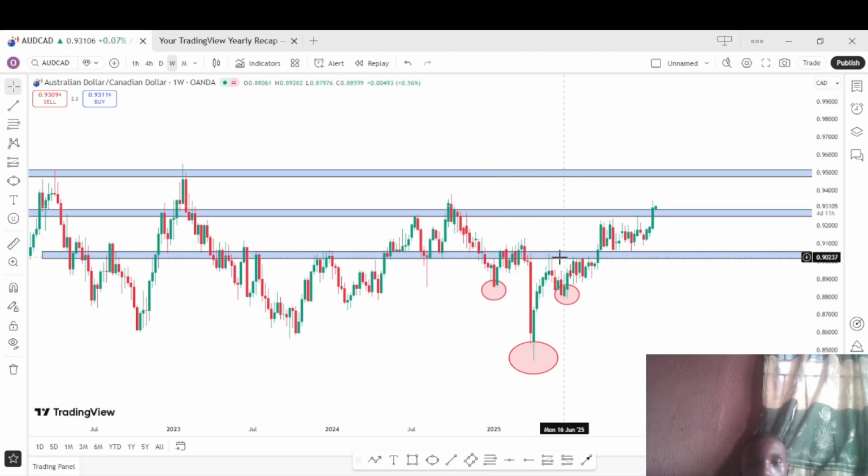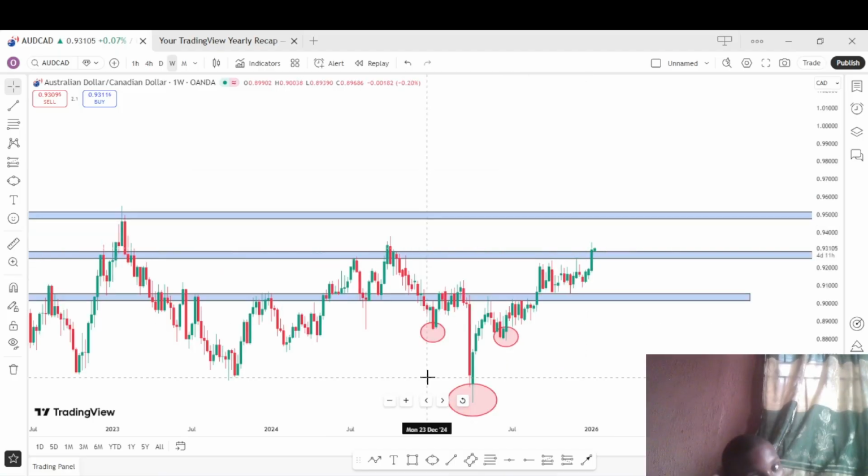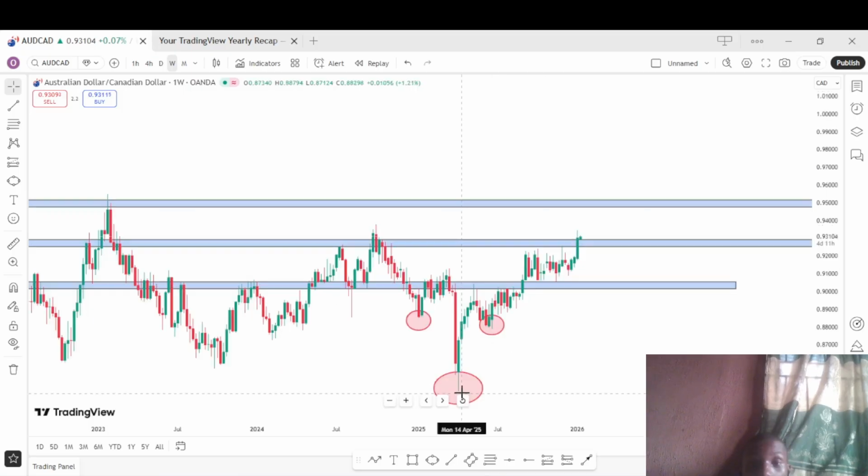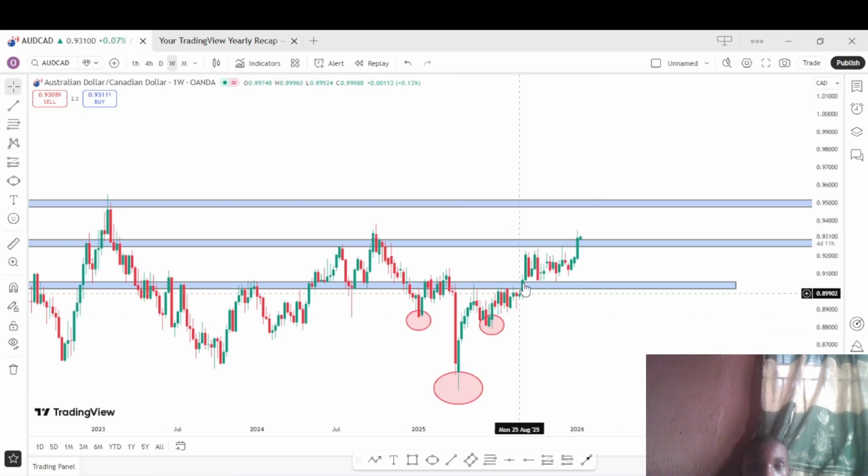This is a trend reversal pattern. It means as the market came and made an inverse head and shoulders, what this is trying to tell us is that the next couple of weeks or even months is going to be bullish. So this is from a bearish trend to a bullish trend.